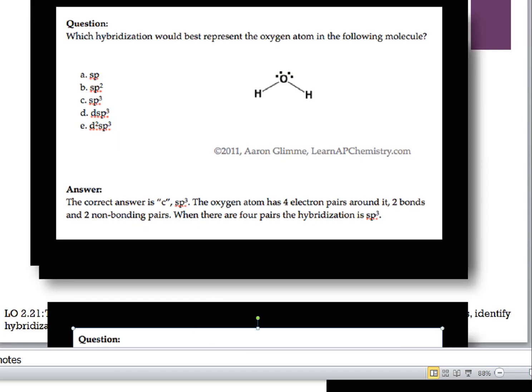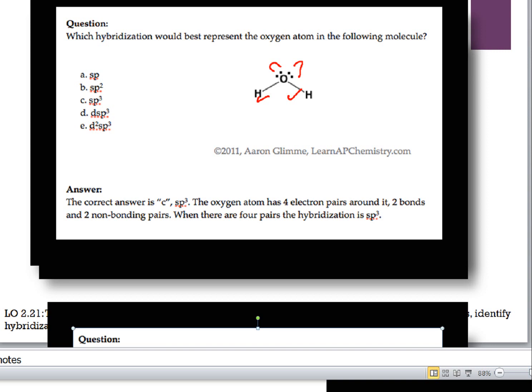Which hybridization would best represent the oxygen atom in the following molecule? By looking at the oxygen atom, you will recognize that O is surrounded with 4 effective pairs. 1, 2, 3, 4. If we have 4 effective pairs, this means that the central atom should be surrounded with 4 orbitals.